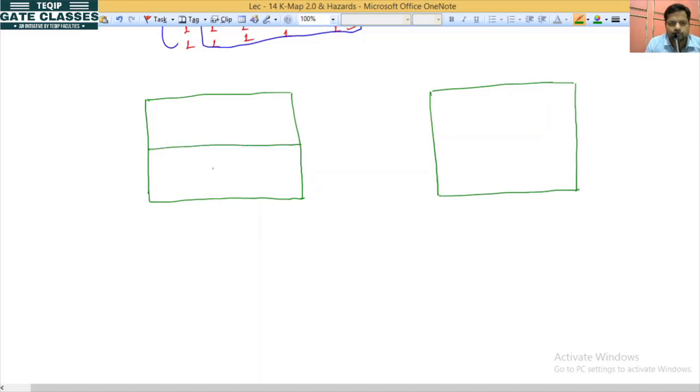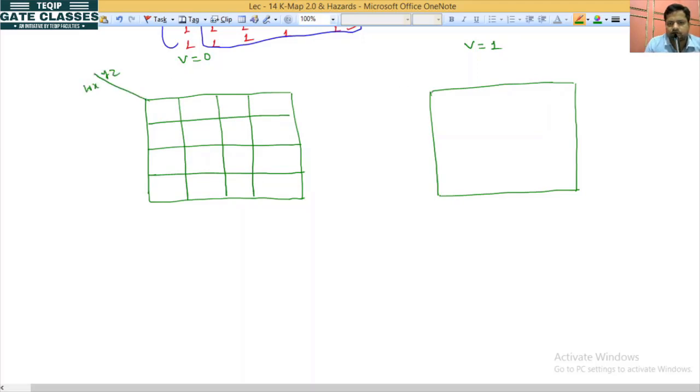This is our 4 variable K map for v equal to 0, and this one is for v equal to 1, because we know for v equal to 0 we have 16 combinations, and for v equal to 1 we also have 16 combinations.